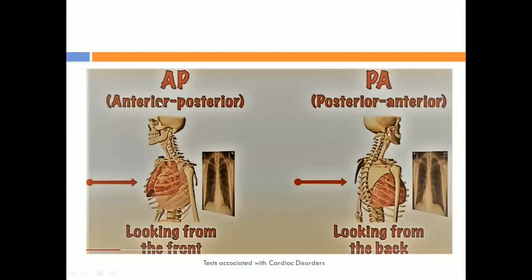AP means anterior-posterior view, and PA means posterior-anterior view. In these lines, the photons or light pass through the person, and at the back you have the chest X-ray. Consider the chest X-ray as a detector, right? The images pass from the anterior front portion of the body, through the chest and the lungs. So this is the anterior-posterior view.